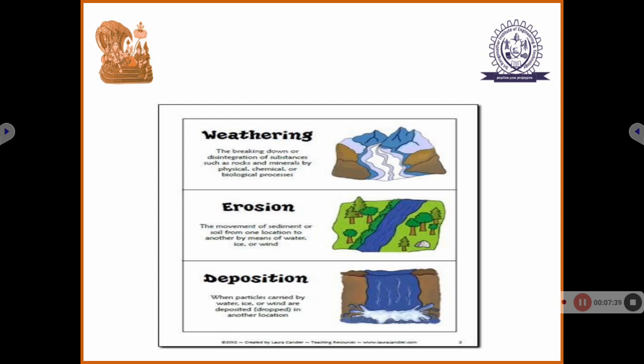And after that, when it comes in contact with the rain, the broken fragments are eroded and brought towards the land, and then after the flow of water or the wind has stopped, the deposition starts. The deposition of rock fragments prevails on the ground. This deposition of rock fragments after the process of erosion and weathering is said to be the soil formation.